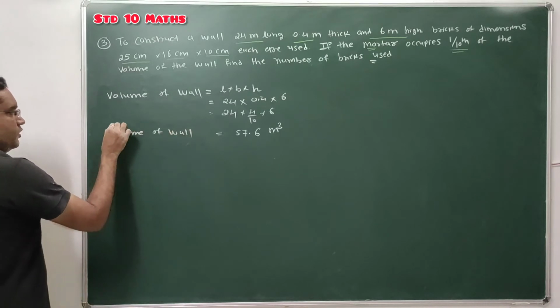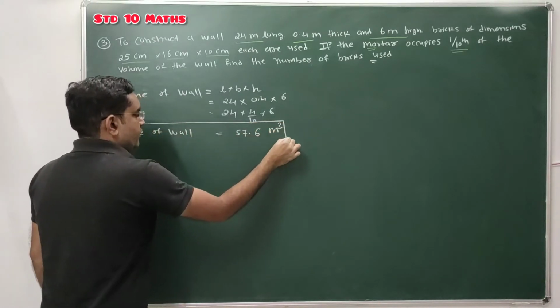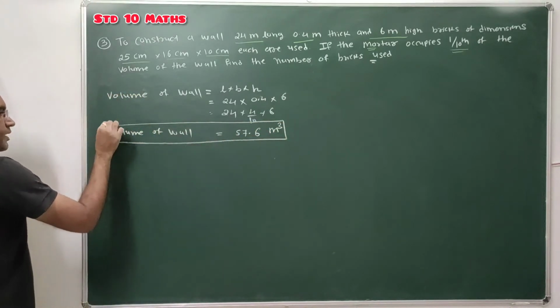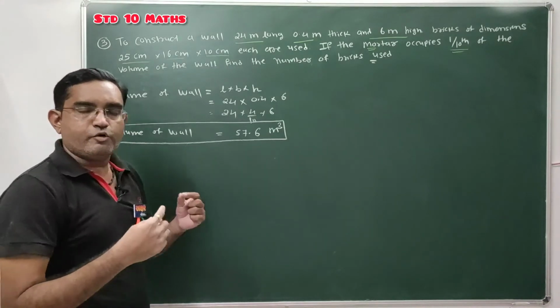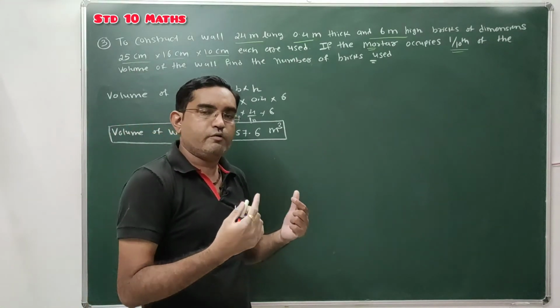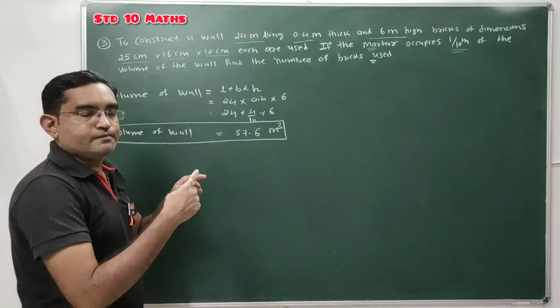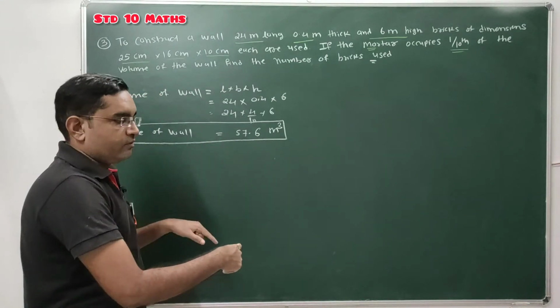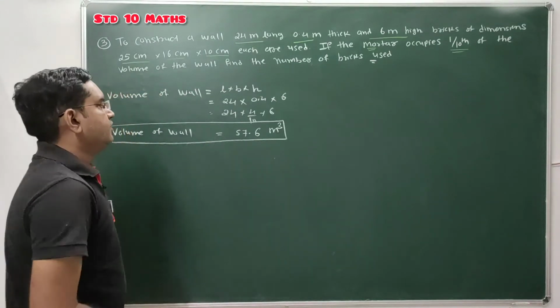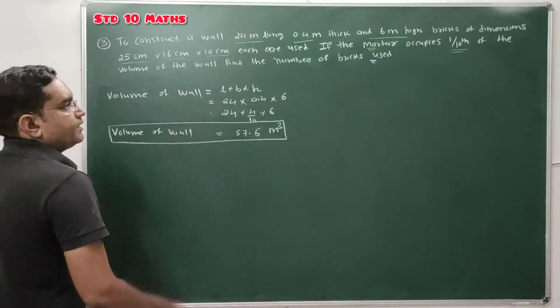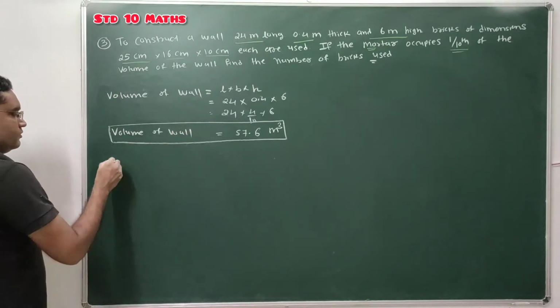Now this is the total volume of the wall, which is the sum of the volume of all the bricks and the mortar. एक वॉल बनाने में नंबर ऑफ ब्रिक्स यूज हुई होंगी, तो वो जो वॉल्स है वो वॉल की जो टोटल ब्रिक है उसका वॉल्यूम प्लस मोटर. So in this volume, 1/10 part of the volume is the volume of mortar.